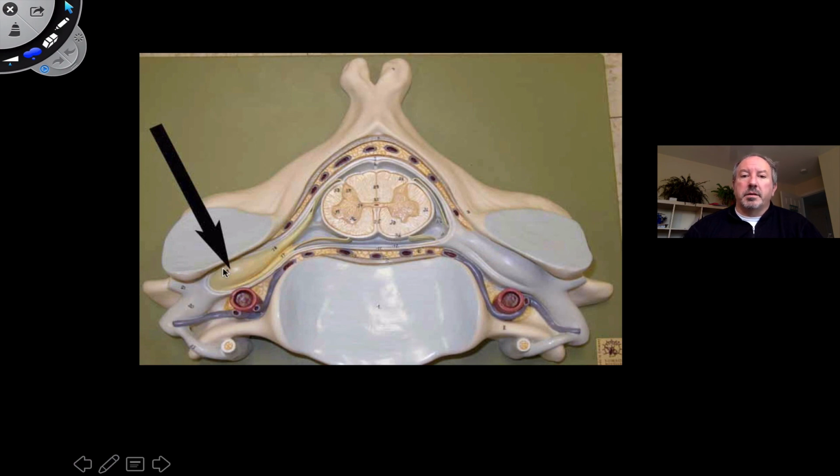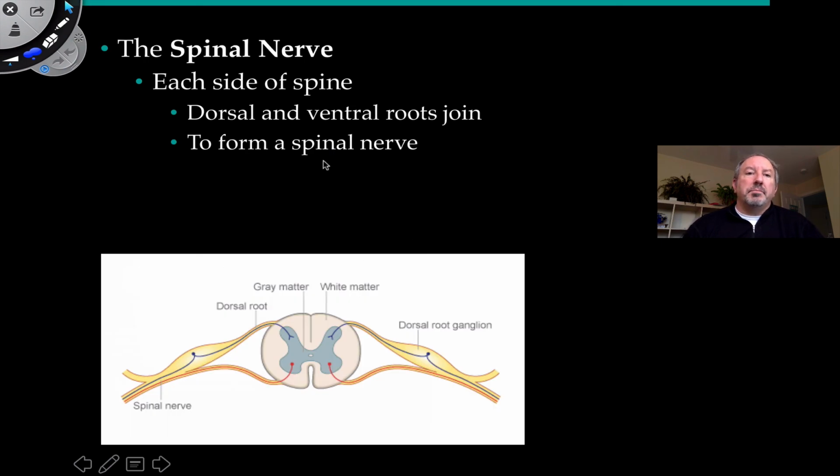the side here. Okay, and so the spinal nerves are coming off both sides, so laterally of the spinal cord, and again you have this dorsal or posterior, and then you have this anterior or ventral roots joining together to form a spinal nerve, which is over here.